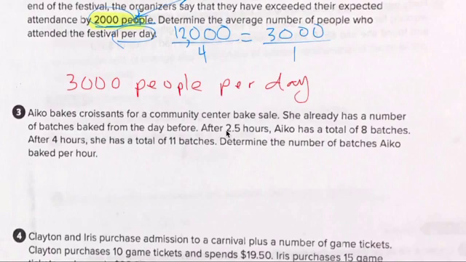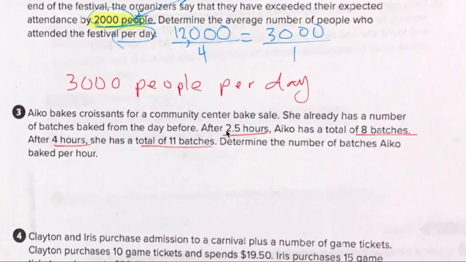Alco bakes croissants for a community center bake sale. She already had a number of batches baked from the day before. After 2.5 hours, a total of this many batches. After 4 hours, a total of this many batches. Determine batches per hour.